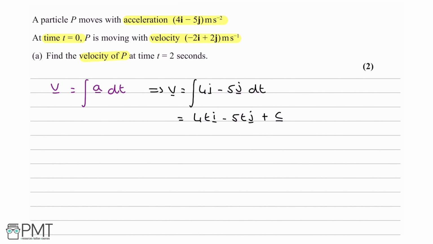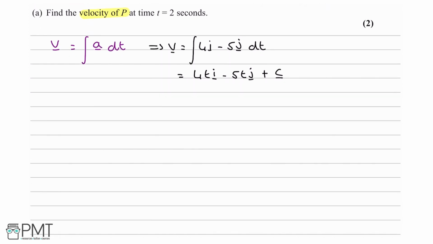So what we can write here is initial condition. I'm going to rewrite quickly our velocity equation: our velocity in terms of time equals 4ti minus 5tj plus c.